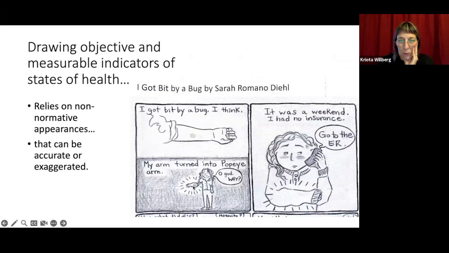Then we can see actual swelling, which she's talking about as a Popeye arm. So she's also included a metaphor. And there are emanata, or maybe emanati would be the plural for Latin, around the arm, right? Which would indicate discomfort or pain in relationship either to the bite or the swelling, right? So there are some multiple layers there, but she's combining objective and subjective conditions, which is really great.